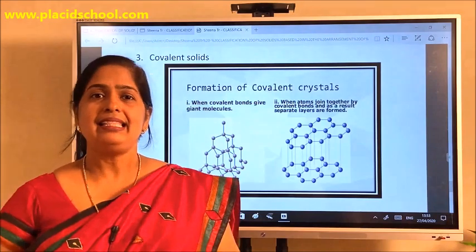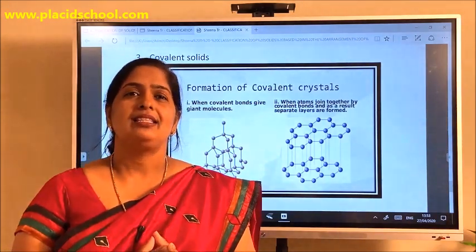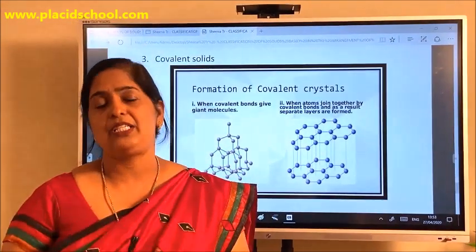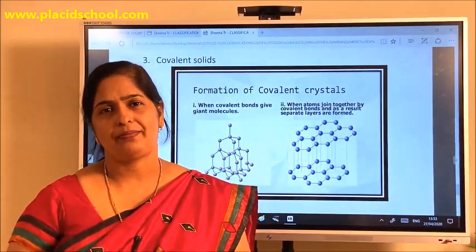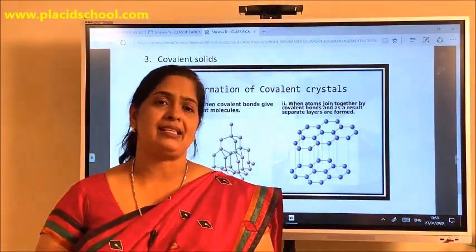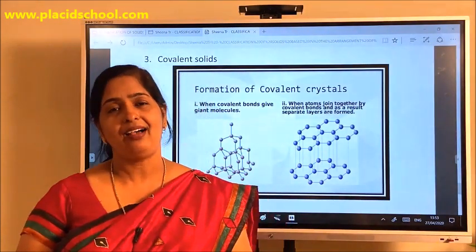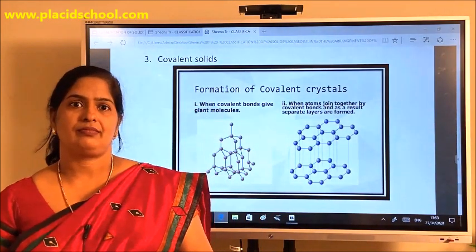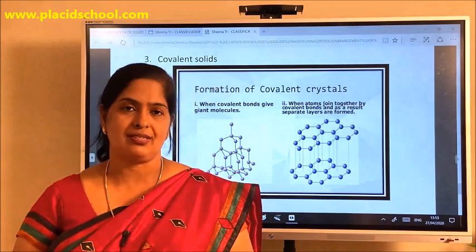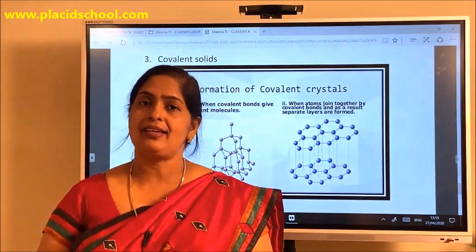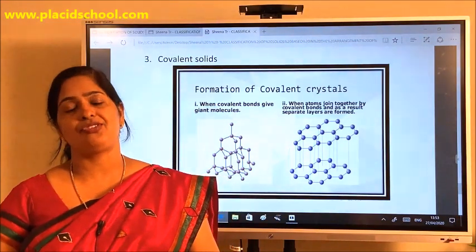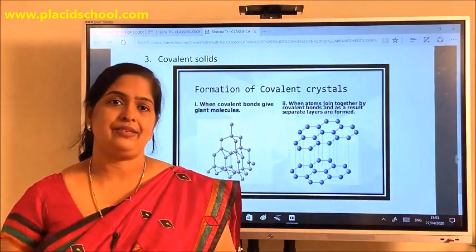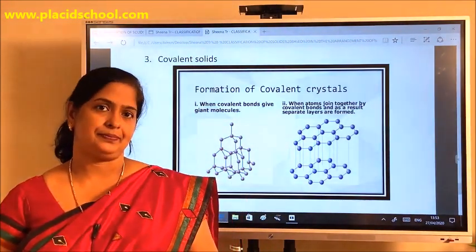Besides, in this type of solids, the bond between the particles is covalent bond. Familiar example of covalent solids is diamond. We know how strong it is. Another example is carborundum, which is silicon carbide. Both these substances are used as abrasives in markets.